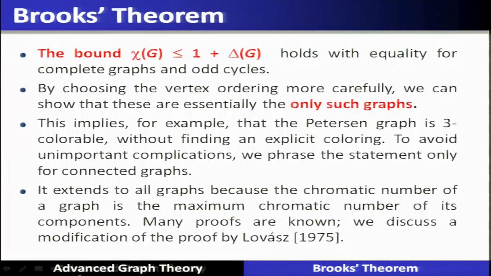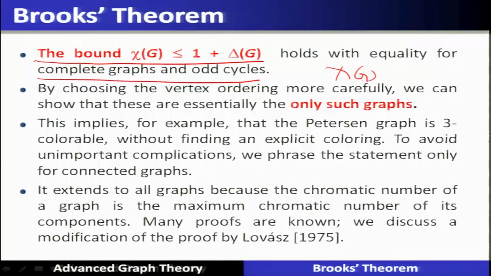This particular bound we have stated earlier. So, let us see for which graphs this bound becomes equality. That equality will hold for the complete graphs and the odd cycles.